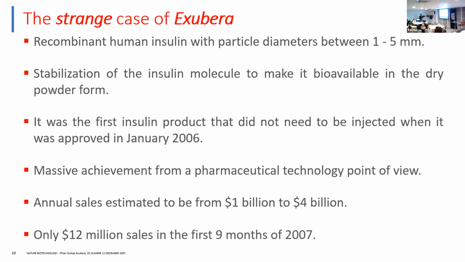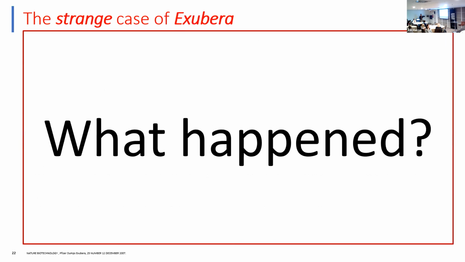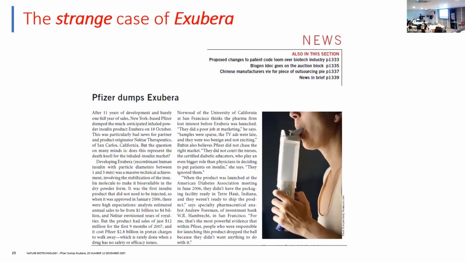So my question here is what happened? Many say that this was a bad strategy from Pfizer. Others say other aspects, but in my perspective, it's clear what was the issue. And I think the picture shows it.